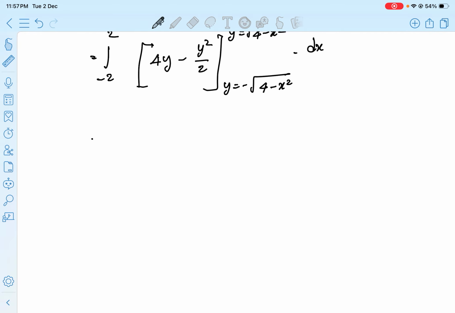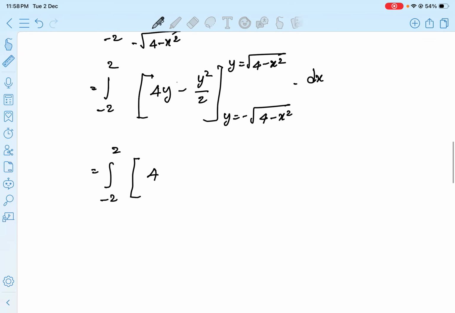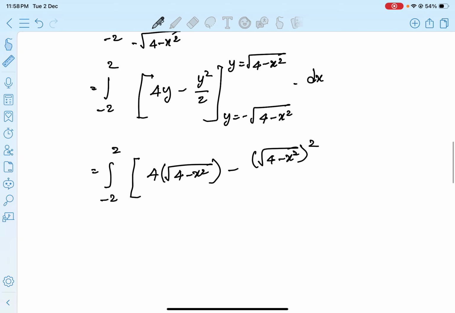Equal to the integral from minus 2 to 2, substituting our y values: 4 into the upper limit root of 4 minus x square, minus root of 4 minus x square the whole square by 2, minus the lower limit.